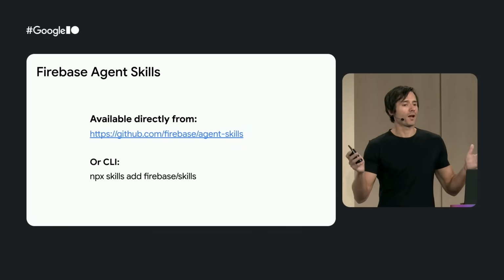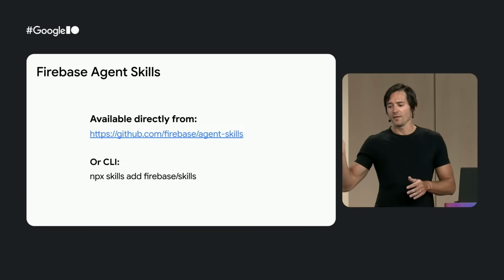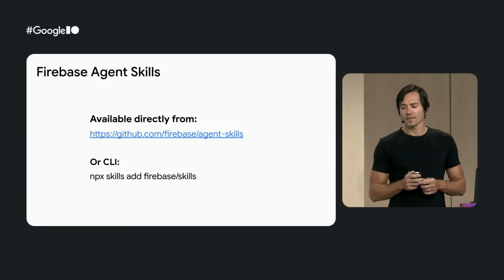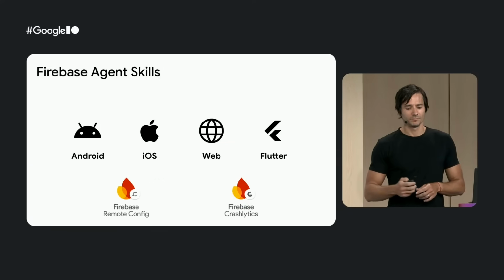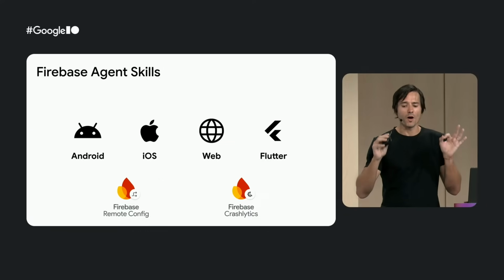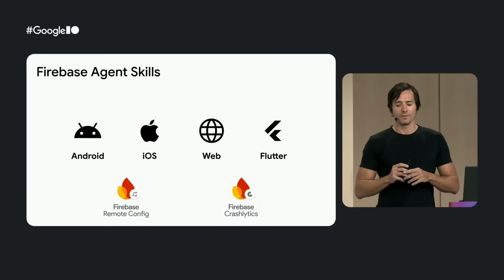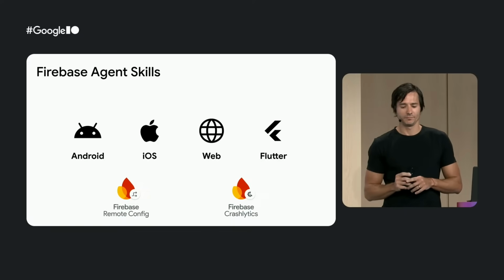And for the other options, for the other coding agents and IDEs you want to be using, you can either go to GitHub and grab our agent skills, or you can just use npx and get them from the CLI. We want to make sure that your agents have all the skills necessary to build apps with Firebase, wherever and however you build, with less tokens and in less time.